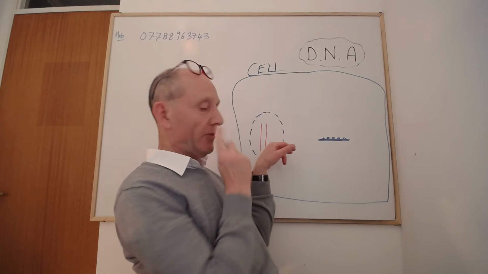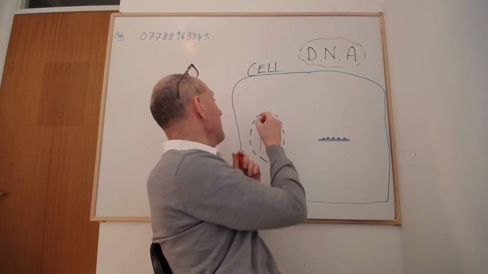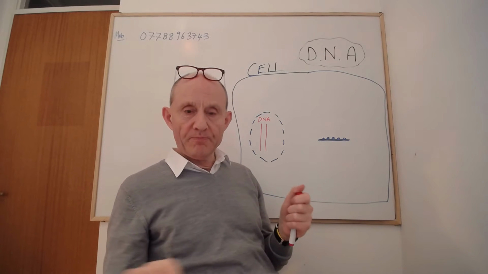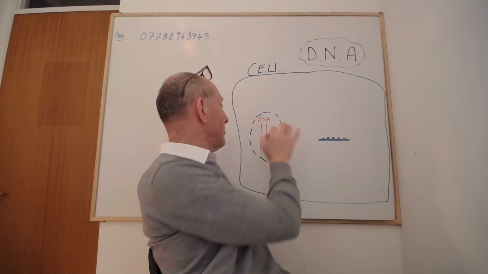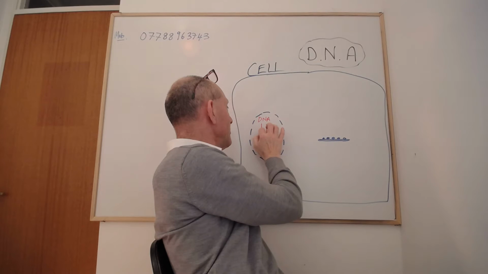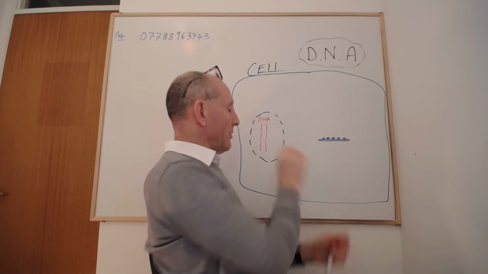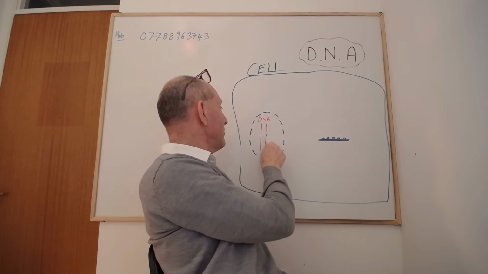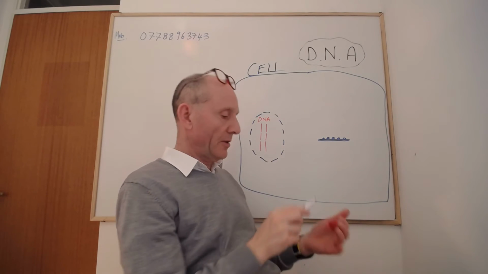So first of all, this is the DNA inside the nucleus here. As I said before, a gene is a short length of DNA. So I'm just going to pick that little piece of DNA there in the middle. This is really just an illustration. So there's a gene there, a double-stranded piece of DNA.